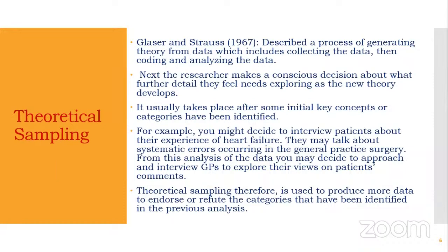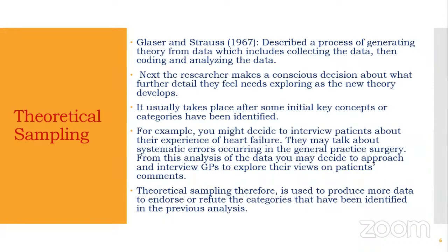So what we are trying to say here is that, until theoretical saturation is reached, meaning until you feel that you have a substantial amount of data to justify the categories which you have already recognized, you continue to improvise your research design, adding more people, adding more other steps, whatever it is, right?